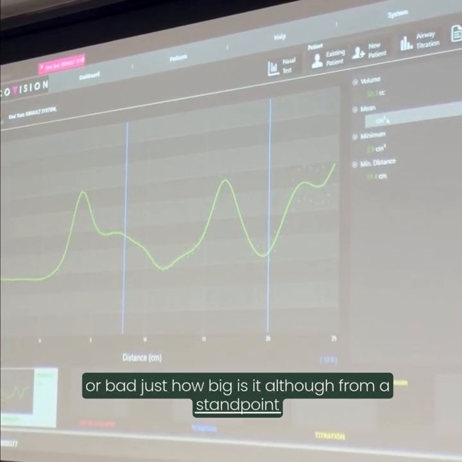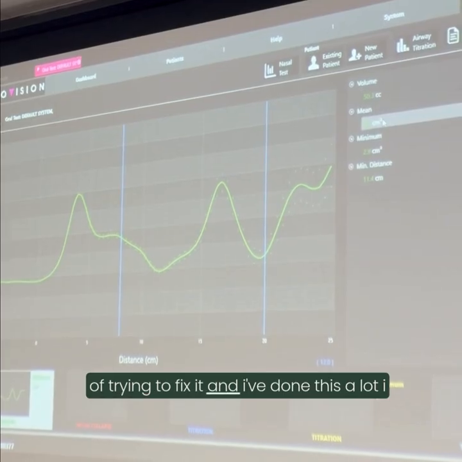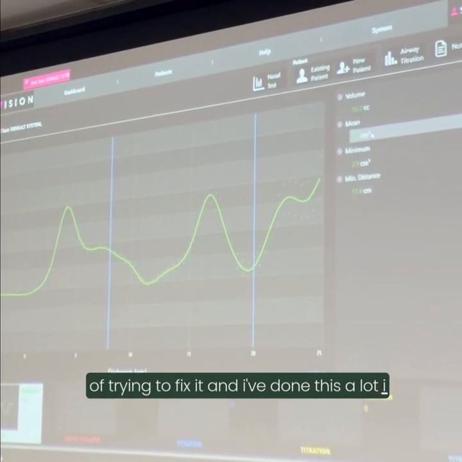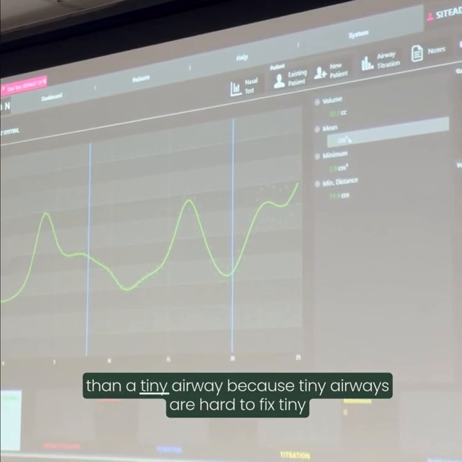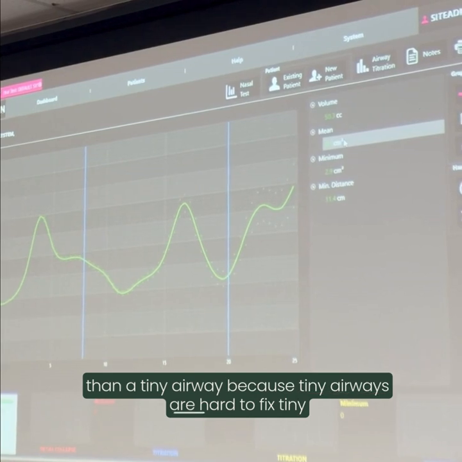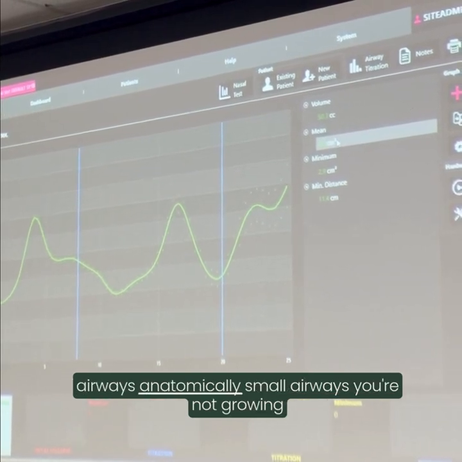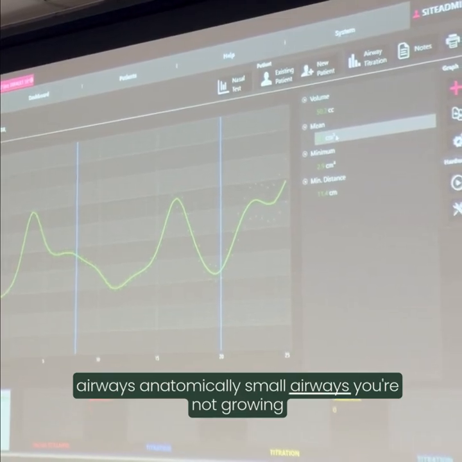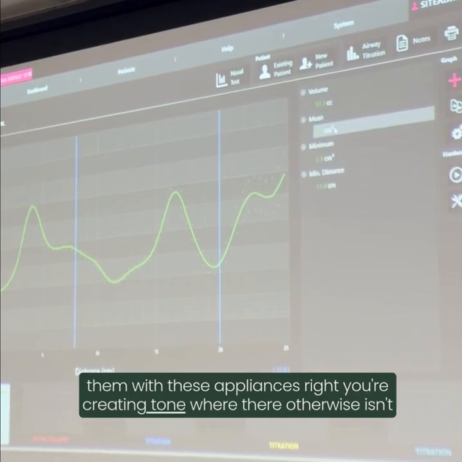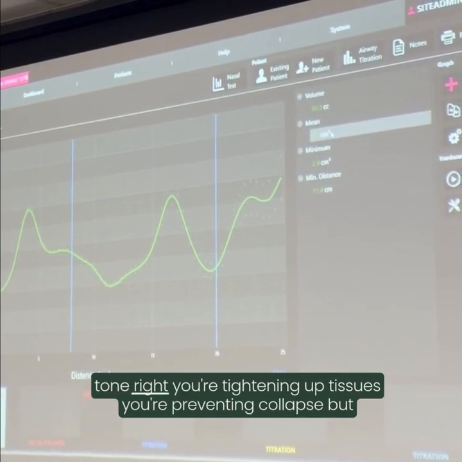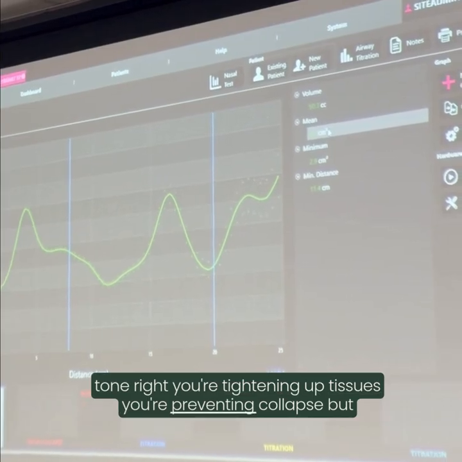Although from a standpoint of trying to fix it, and I've done this a lot, I would much rather have a big airway that's collapsible than a tiny airway. Because tiny airways are hard to fix. Anatomically small airways, you're not growing them with these appliances, right? You're creating tone where there otherwise isn't tone. You're tightening up tissues, you're preventing collapse.